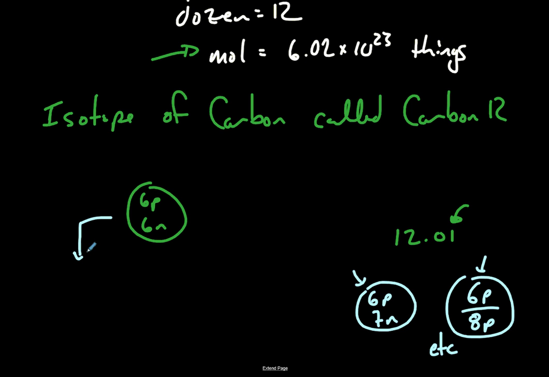And what scientists have done is they figured out that if I get exactly 12 grams of this stuff and I count the atoms very carefully, it turns out that in exactly 12 grams of carbon-12, there are, you guessed it, 6.02 times 10 to the 23 carbon atoms. They're very, very small, so you only need 12 grams to get this value, okay?